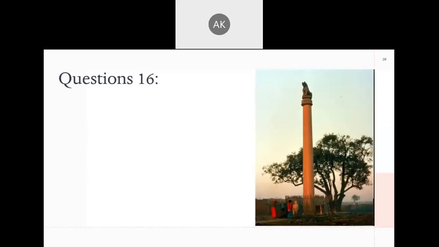Okay, question number 16. Again, identify this column. This is a freestanding Ashokan pillar, not Persepolis. It doesn't belong to Persepolis. You can see the landscape and the surroundings here.